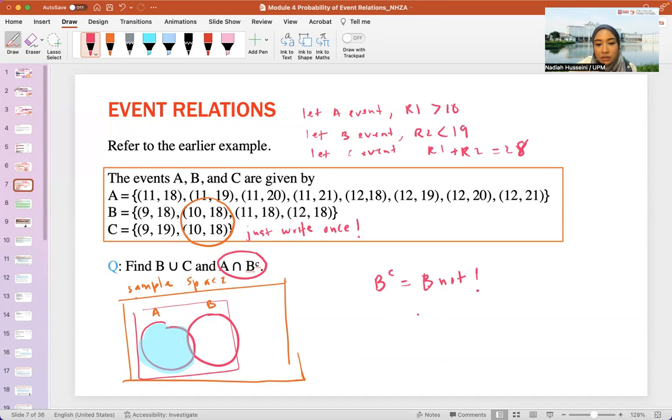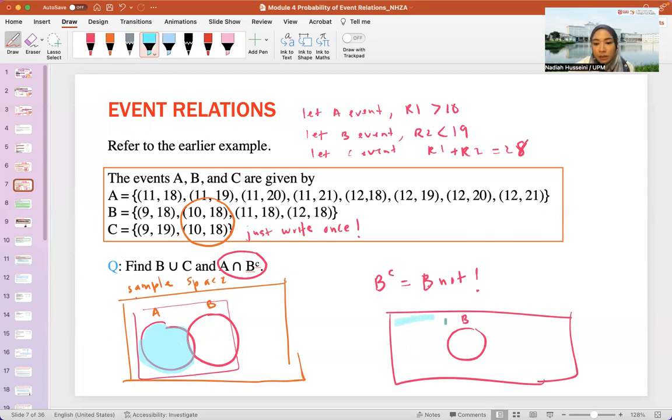But if I ask you, what is the B complement, we're talking about a sample space, and I'm just concerned about B complement. So B complement would be everything that is outside of B. But if we're talking between two events, then we focus on these two events only.